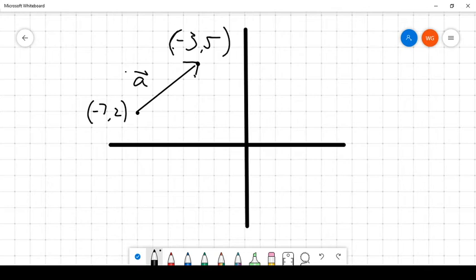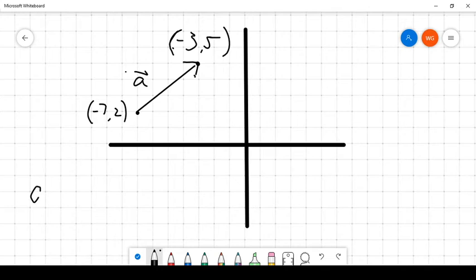Where does it go? Because that's what we really need to establish. We need to say, what kind of direction and magnitude does this vector have? So to figure that out, if we want to figure out the components of vector A, what we actually need to do is figure out how much displacement takes place in both the x and y direction for vector A.